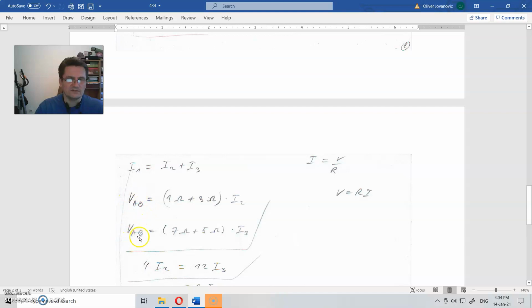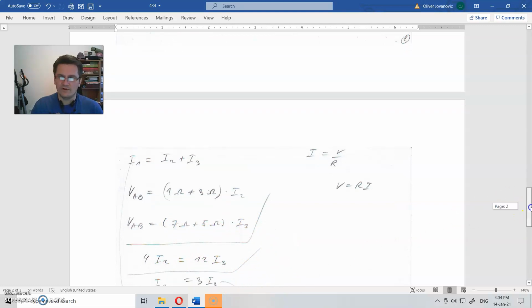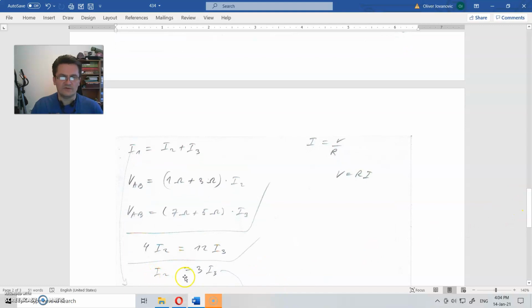This voltage and this voltage is an identical thing. So on the left side you have 4 ohms times I2. On the right side you will have 12 ohms times I3. Then you divide by ohm. And after that you divide by 4. And you have that I2 is equal to 3 I3.